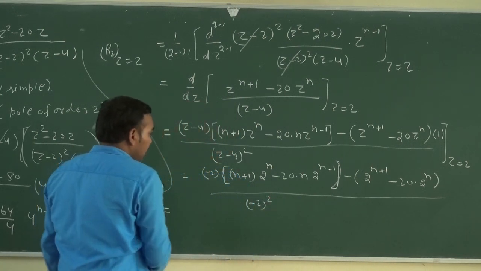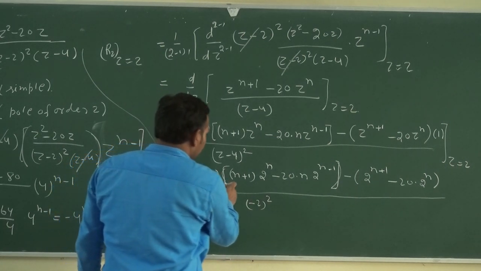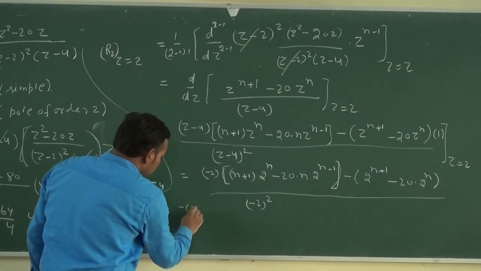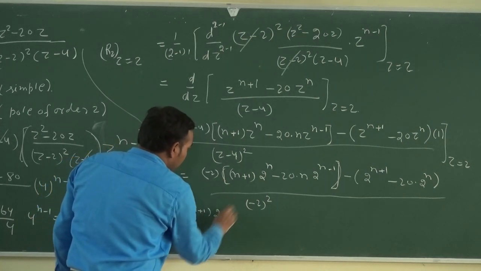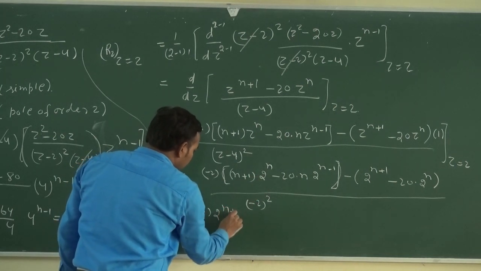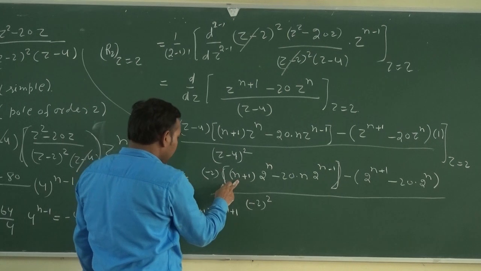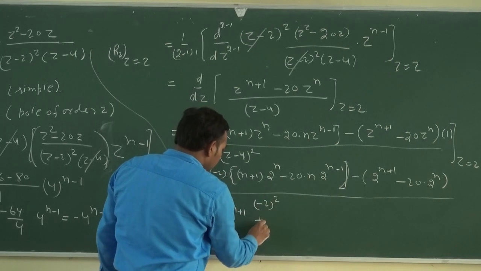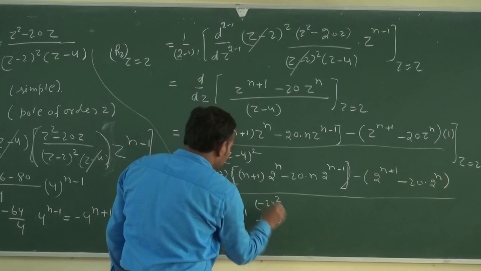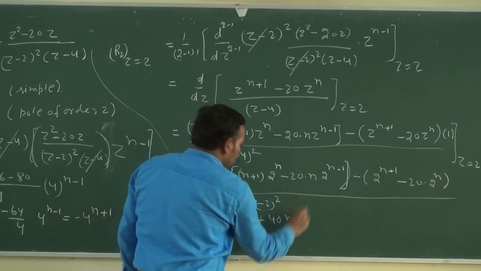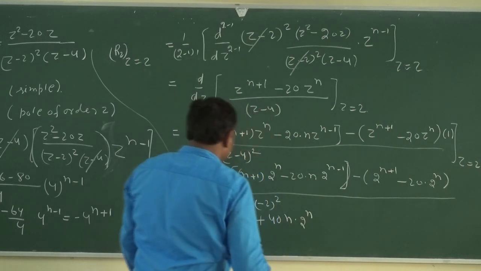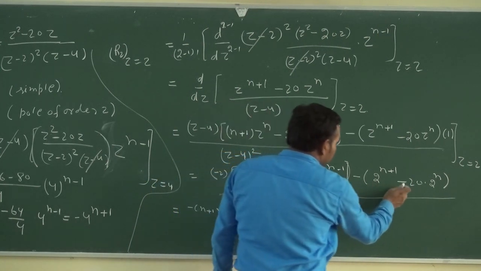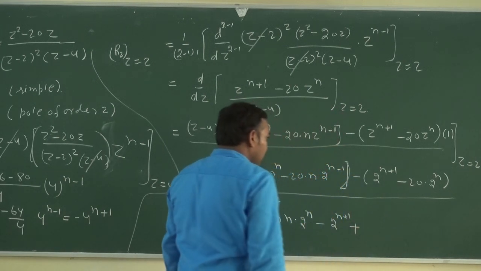So finally, minus (n plus 1) 2 to the power n plus 1, and minus minus plus, that is plus 40 n 2 to the power n, and minus 2 to the power n plus 1, and minus minus plus plus.